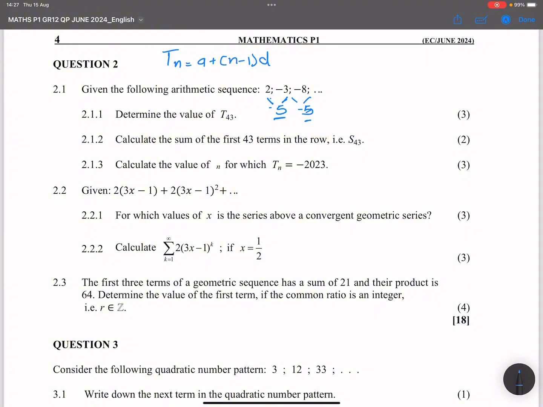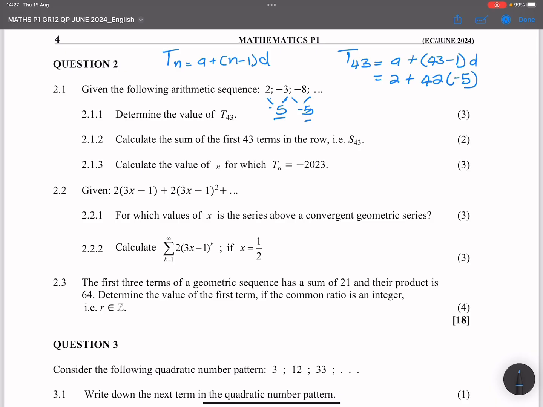So the first question says, determine the value of T43. That means if I'm looking for T43, that will be a plus 43 minus 1 times d. In this case, our a value is 2, 43 minus 1 gives us 42, so this will be 42 times the d value, which is -5.